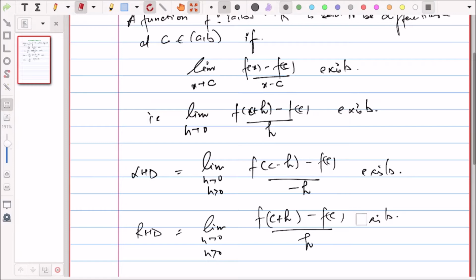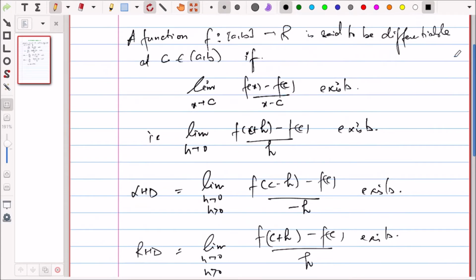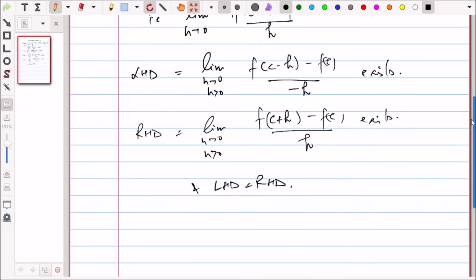If LHD exists, RHD exists, and LHD is equal to RHD, if these three things happen, then we say that the function is differentiable at c, right?